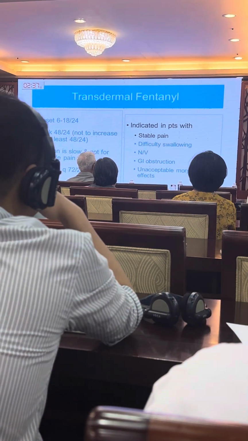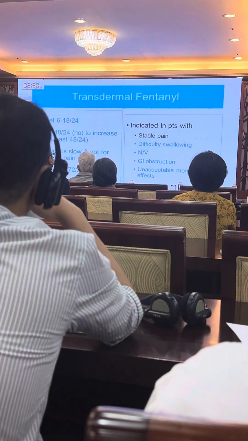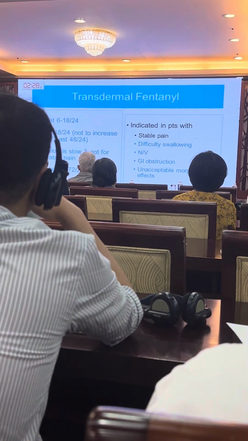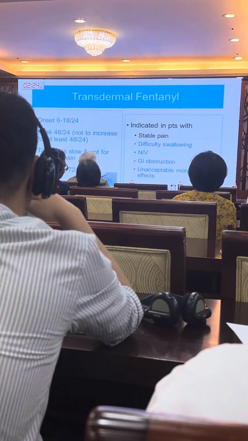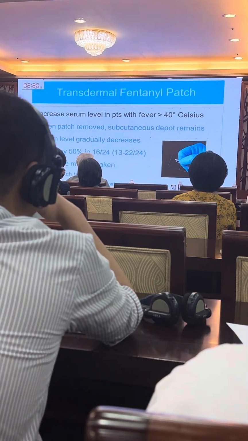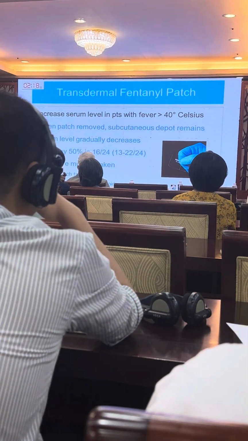You should titrate with a short-acting opioid first before trying the fentanyl patch, because if you do not titrate with another short-acting opioid and you go directly to applying the fentanyl patch, and the dose is too high, it's very difficult to manage.